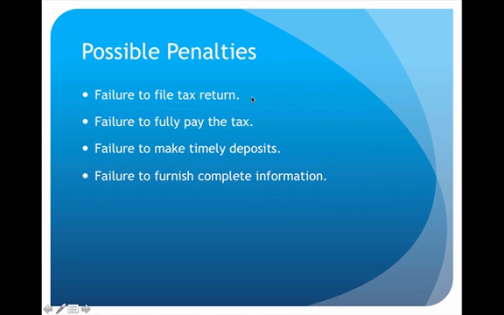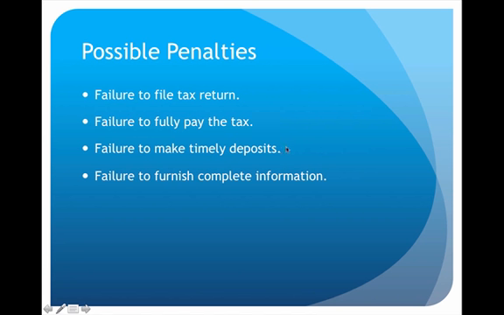First of all, we might fail to file the tax return. Remember that 941 form has to be filed every quarter. If we fail to do that, we will be hit with a penalty. The next possibility is failure to pay the tax. So even if we file the return but fail to pay the proper amount of taxes, we will still possibly be hit with a penalty.